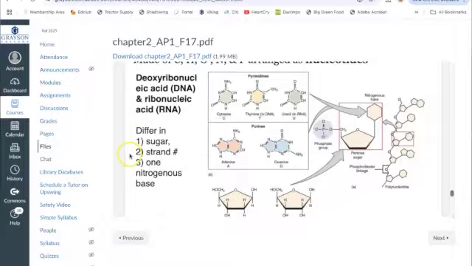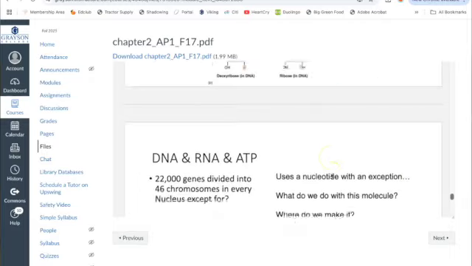So the difference is the type of sugar, the strand, and one nitrogenous base. Where is it located? A couple of things to remember: we're going to abbreviate them with C, T, U, A, and G.